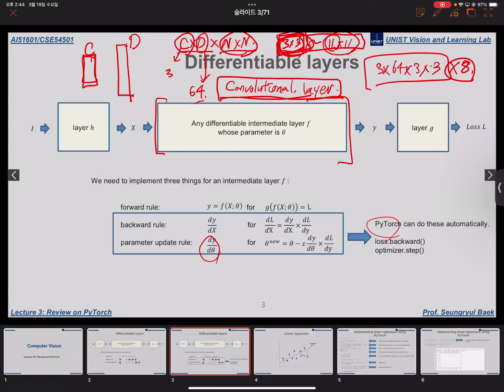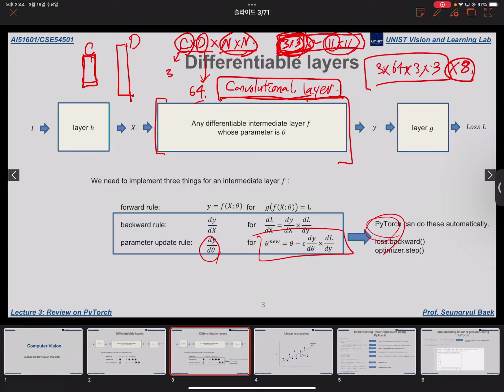At the code level, we have to type this kind of code for all the parameters. So it takes a lot of lines when you do coding by yourself. So PyTorch provides you a very easy interface to implement this kind of deep architecture.